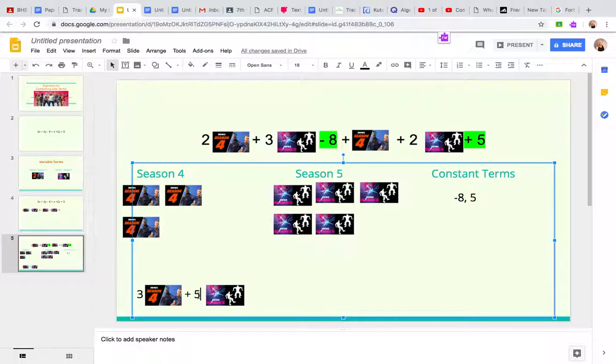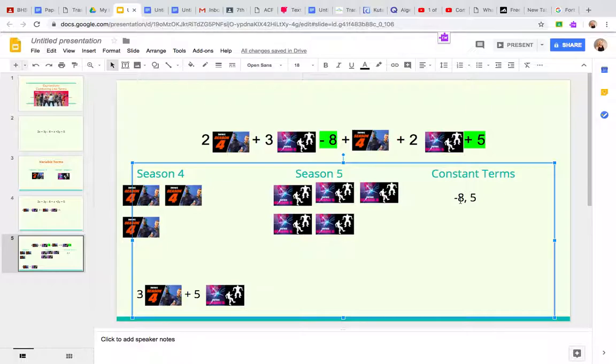Okay. Now that we're done with season 5, with that term, we need to move on to our constant terms. On these constant terms, we have a -8 and we have a 5. Remember that whenever we're adding or subtracting integers, whenever you have opposite signs, you're going to subtract. And then after you get done with your subtracting, you're going to look at the absolute value of each term, and whichever one has the highest absolute value, you're going to take that sign and use it in the solution of the expression.